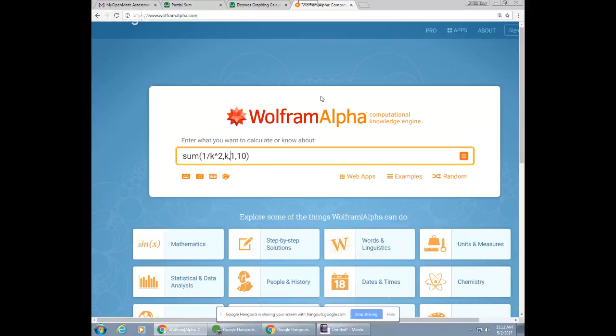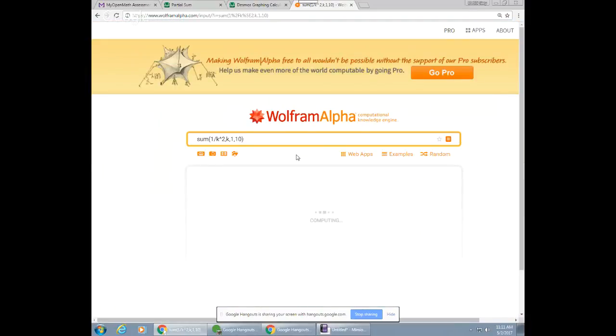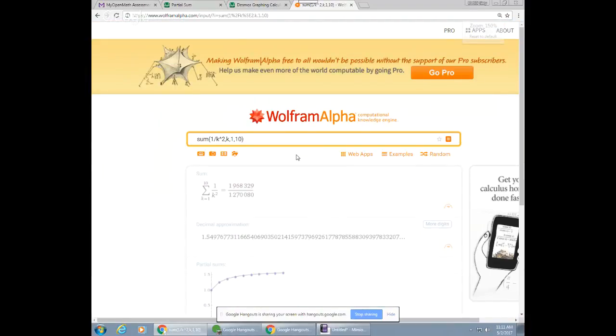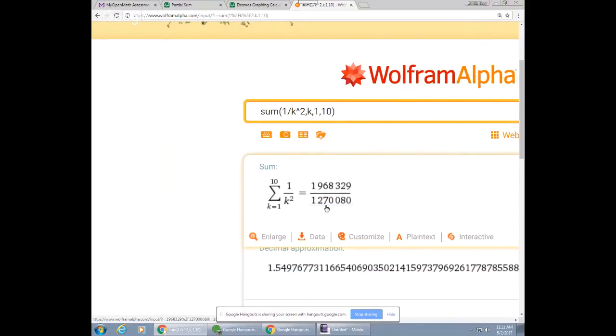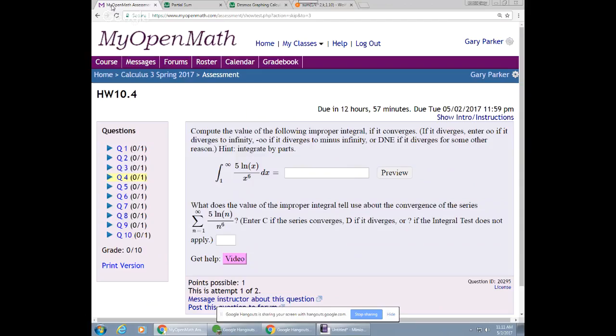And a TI has similar notation if you have an older version of a TI. The new version has this cute pretty print, right? And so I type it in, and it looks like it guessed right, and it's about 1.5-ish. Wolfram Alpha does an amazing job of giving me a reduced fraction if I ever happen to need it. That seems kind of insane, but hey, it'll give it to me. It's kind of cool. Excellent programmers there over at Wolfram.